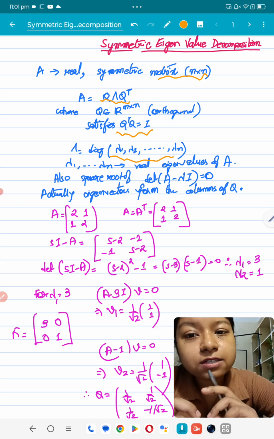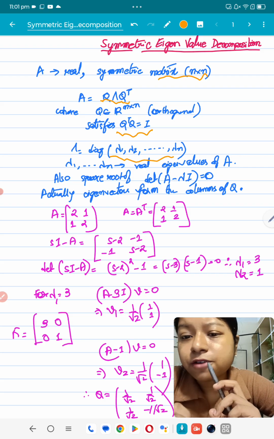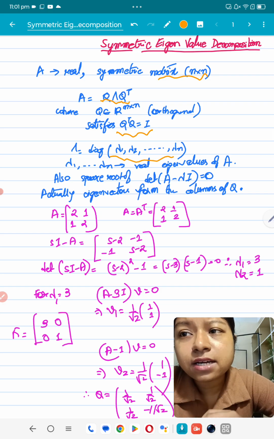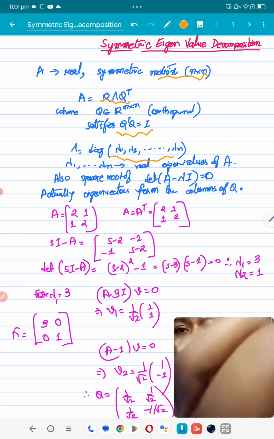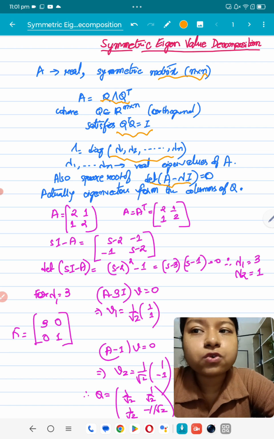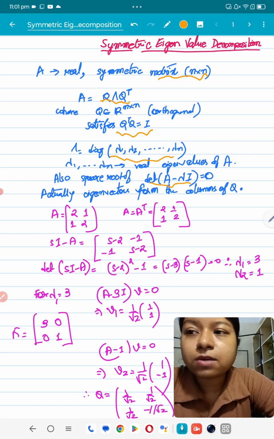So let's first find the values of lambda. The values of lambda can be found by solving the determinant of A minus lambda I equal to 0.